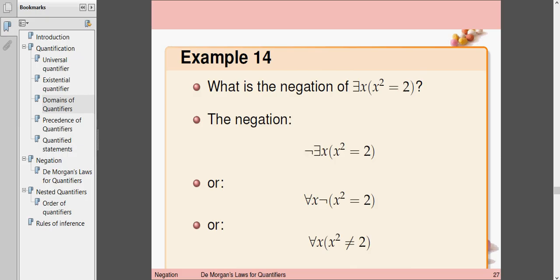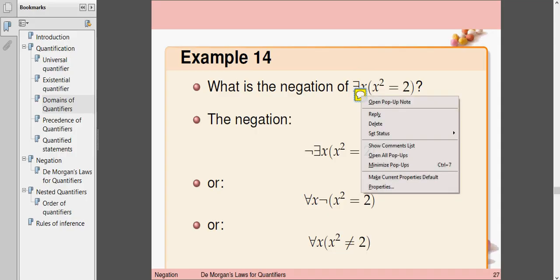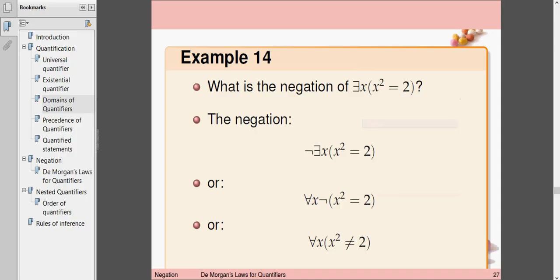Let's say, what's the negation for exist? There exists x for which x power 2 equal to 2 is correct, or I need the negation for it. So here we have not, then we have the function.